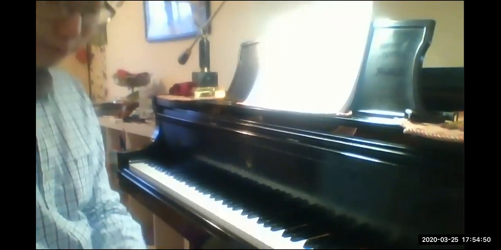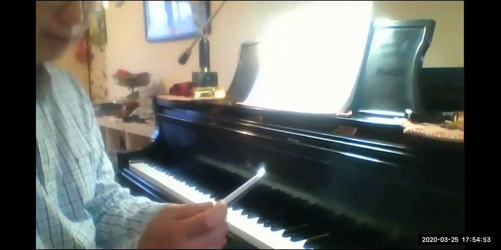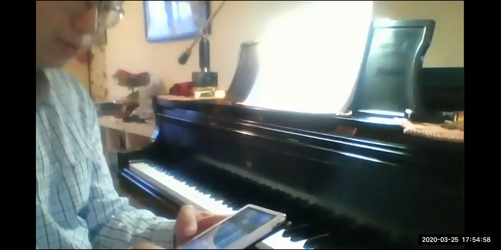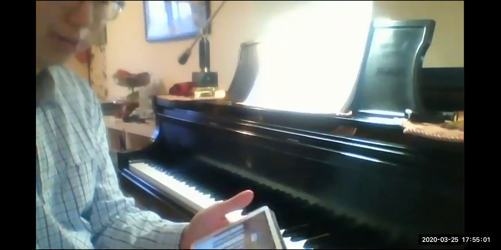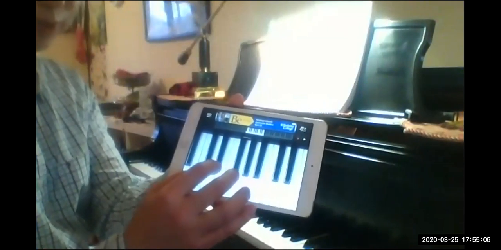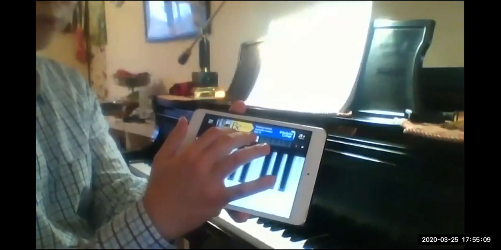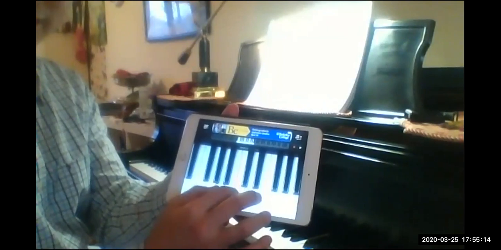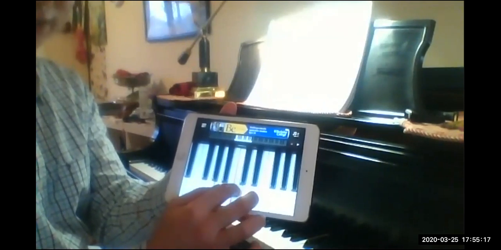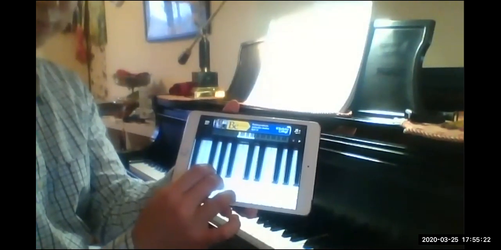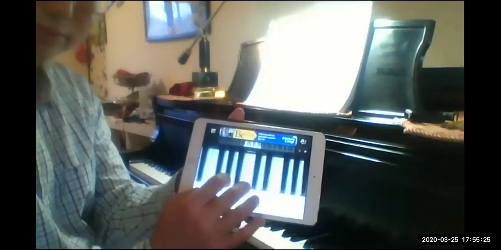I think the app that got lots of ratings was Piano Studio. So for the first note, you can move to a lower register as well, like this. Okay, I'm trying to install it right now.